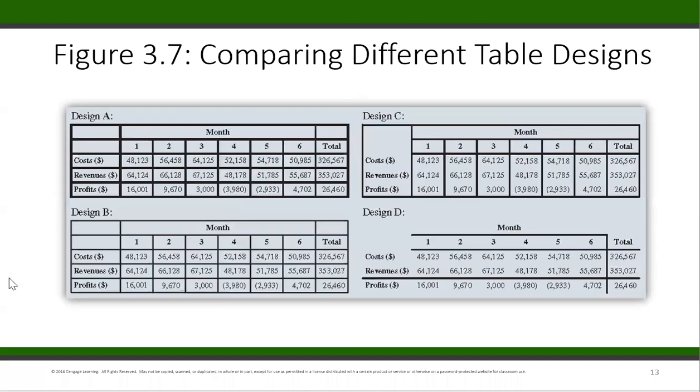And this is an example of a different table design. You have same values, same information presented to the reader through 3 different tables. And as you can see in design D, it's using the least amount of ink, and the same information is conveyed to the reader.